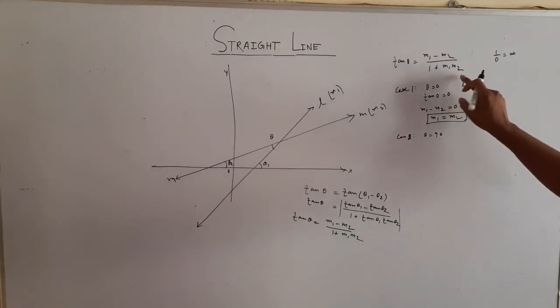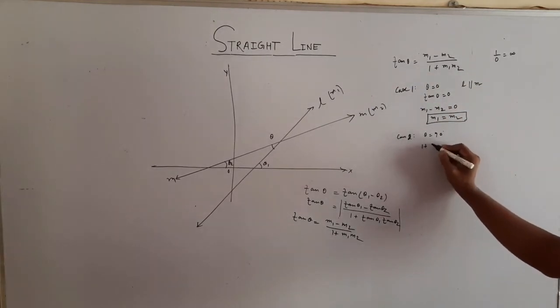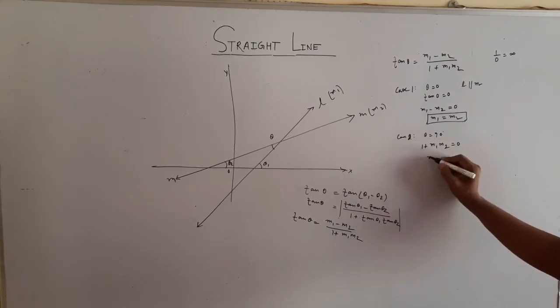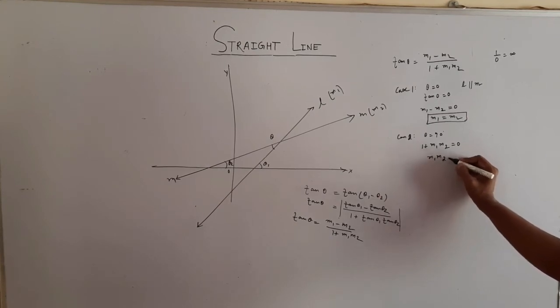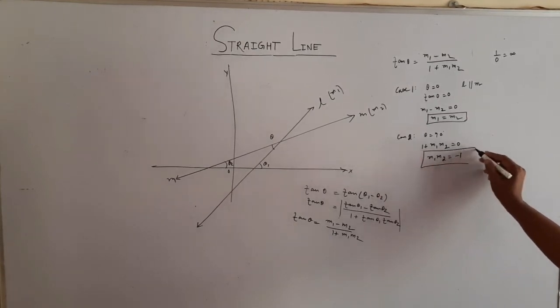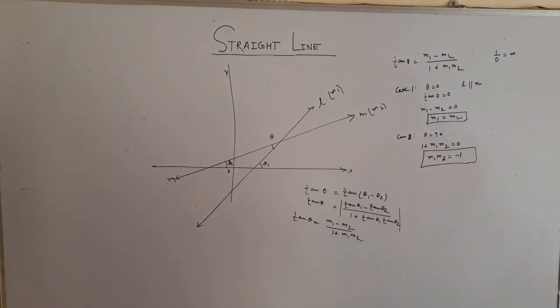So 1 plus m1 m2 will become 0, therefore m1 m2 is minus 1. So if two lines are perpendicular, the product of their slopes is minus 1.